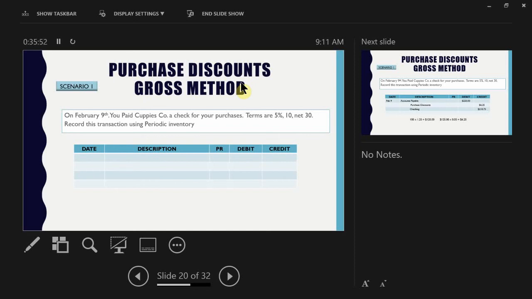And my terms are 5%, 10, net 30. Now, here's the question. When I actually paid Cuppy's Co., did I actually make it within the discount period? Yes, good. So now this is where we have to understand, how are we going to journalize this discount period?